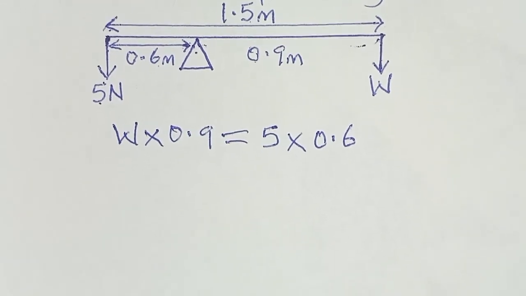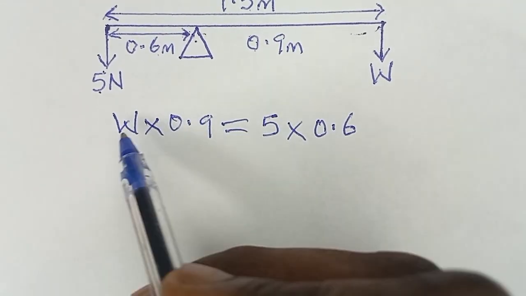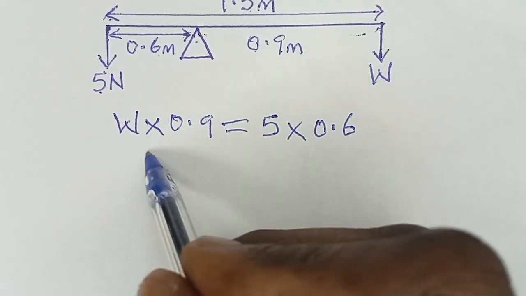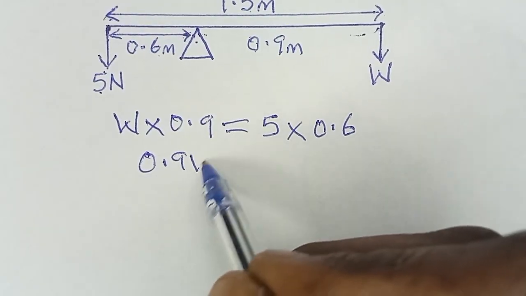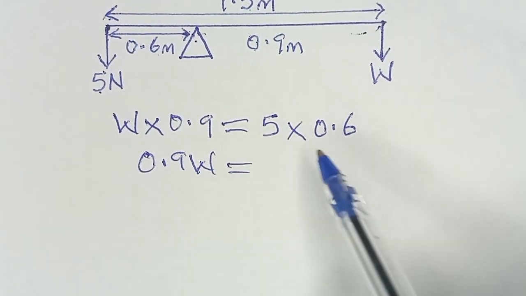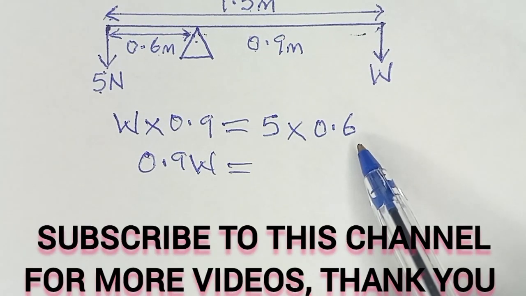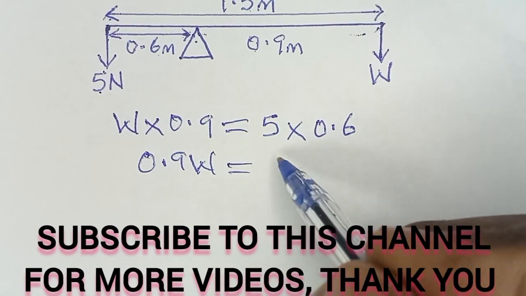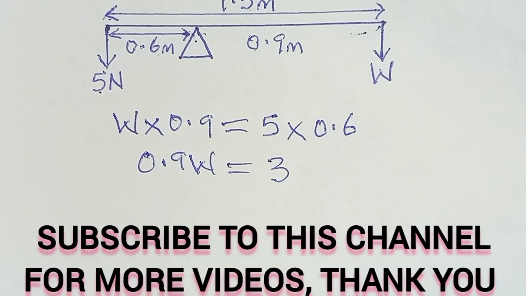So we can now solve further, and I have W multiplied by 0.9 will give me 0.9 W, and that will be equal to 5 multiplied by 0.6, which will simply give me 3.